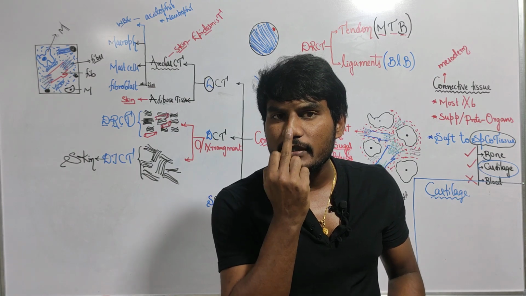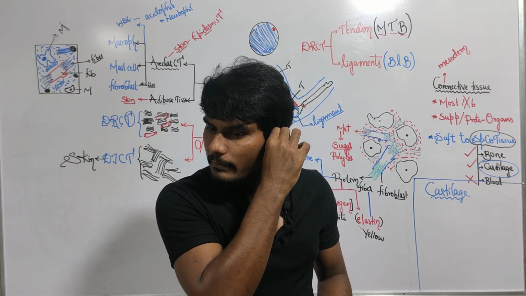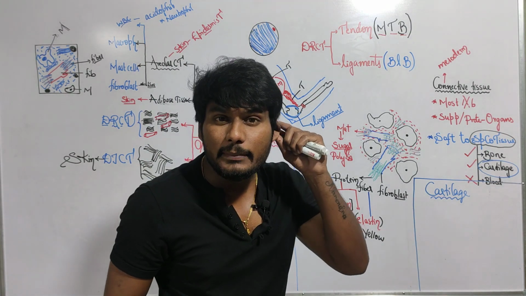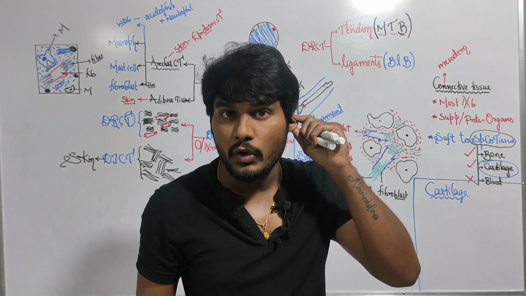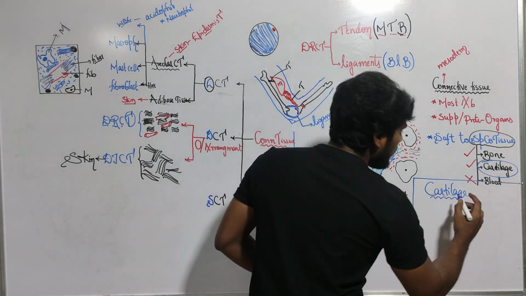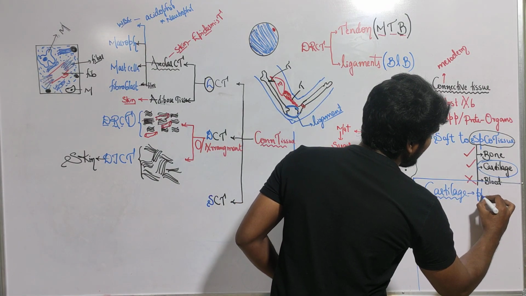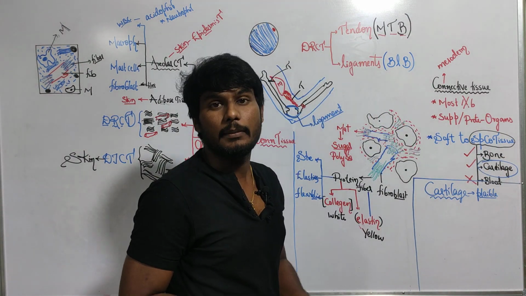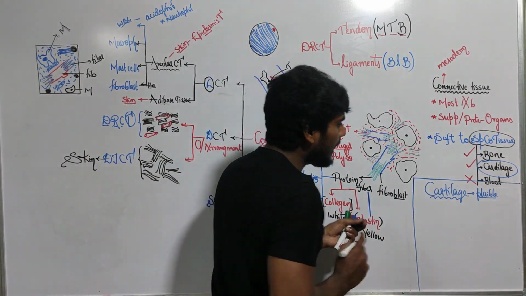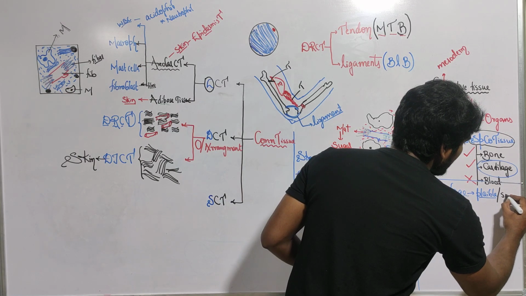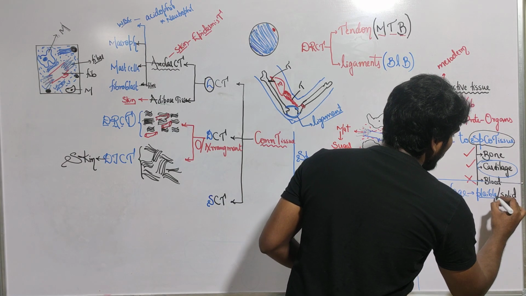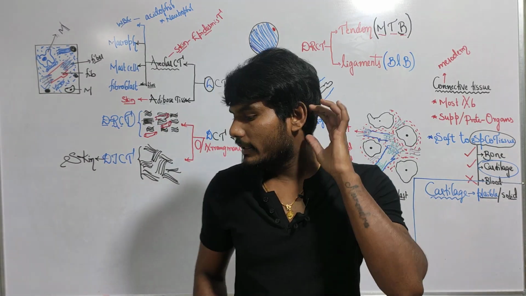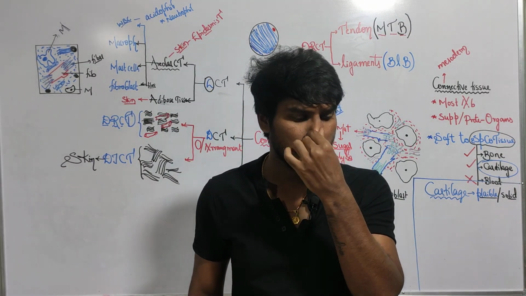Some pressure is applied, and they will contract. They are responsible for compression, and they are flexible. They can fold. This flexibility is called pliable. And they are solid, not hollow. They are solid and pliable. Pliable means flexible. See, the cartilage is flexible in this manner.